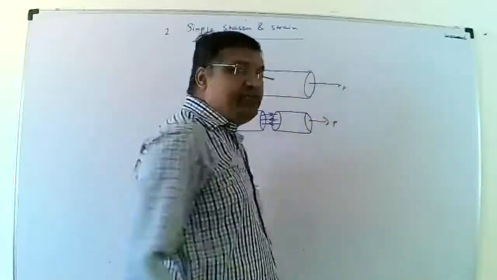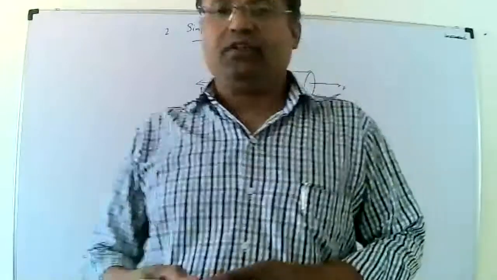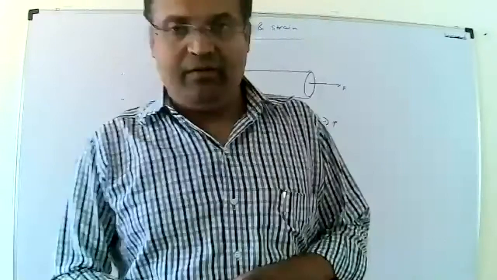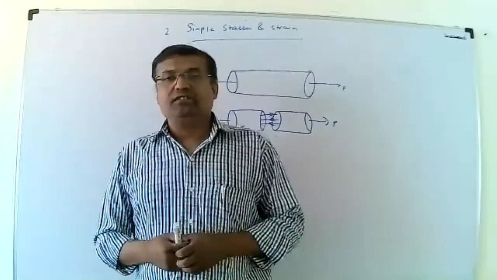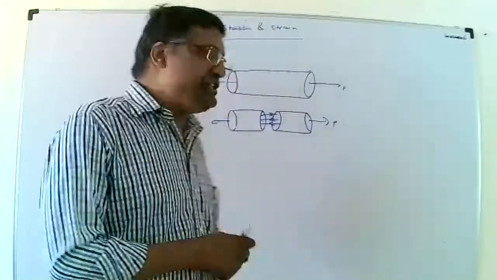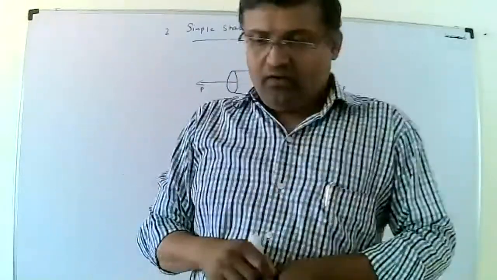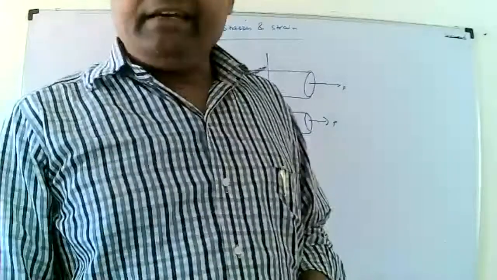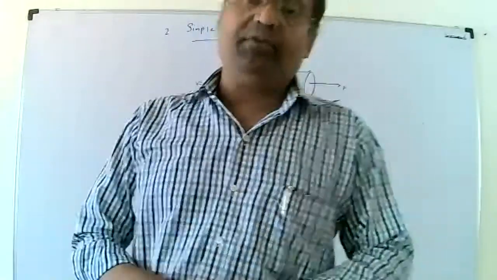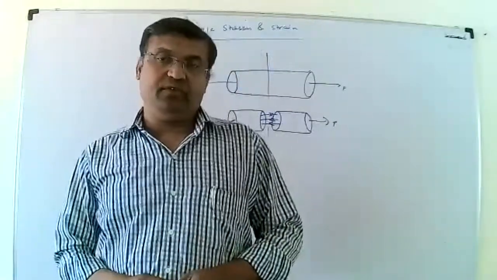If two equal and opposite external forces act on that bar or specimen, stress will be induced at any section, which means the internal resisting force developed per unit cross-sectional area.